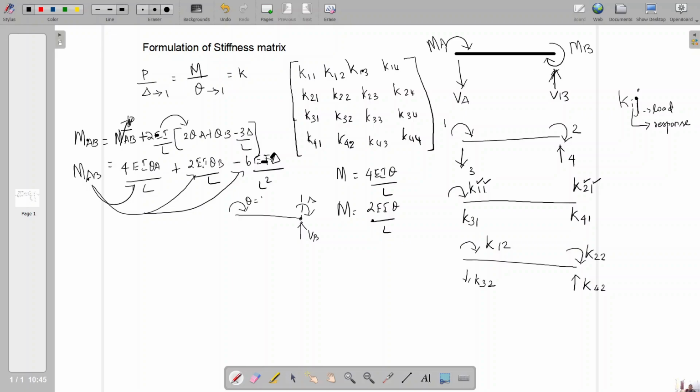If you push this point B, it will go upward, so it will create some delta deflection.